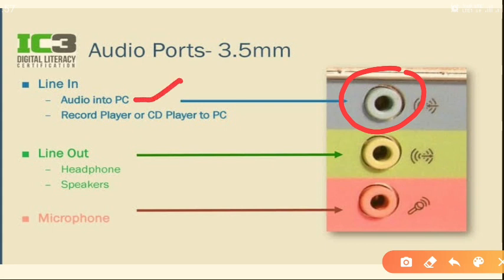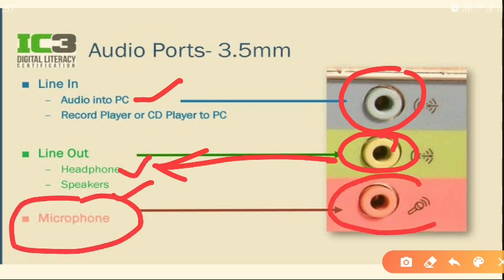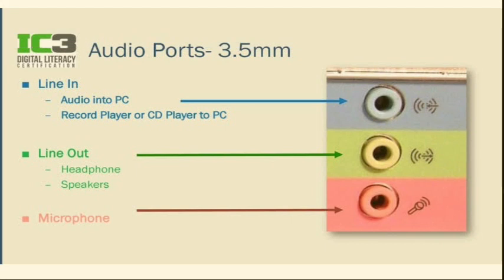Then this is the line out. From here the sound will come out through the headphones or the speakers, and this is the microphone port, through which we can connect a mic to our computer. So these were the different ports that are present on our computer.